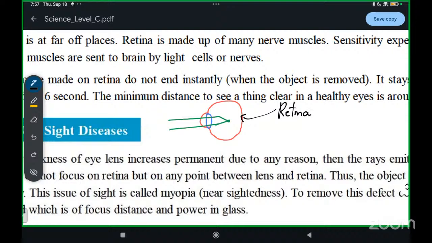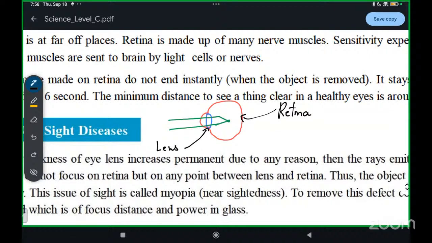And the blue thing is a lens. So in myopia, your image will be formed between the lens and the retina. So what happens is that we are not able to see clearly when this happens.